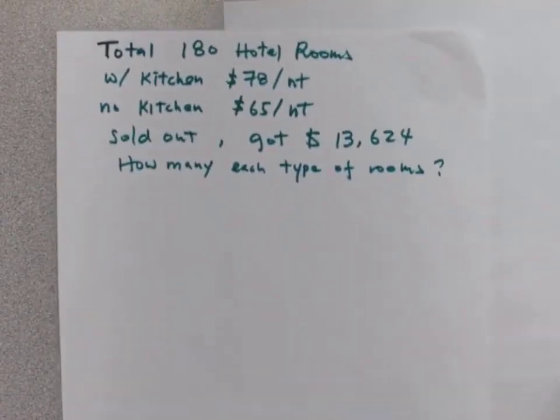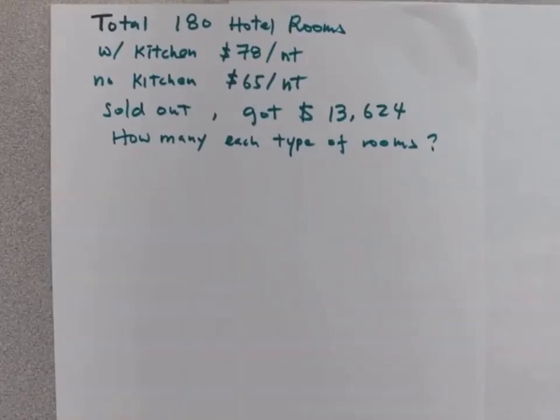Okay, so for questions like this, we probably need to set up the variable first. So how many things are we looking for? Two things. What are the two things? How many with kitchen, how many without kitchen, right?